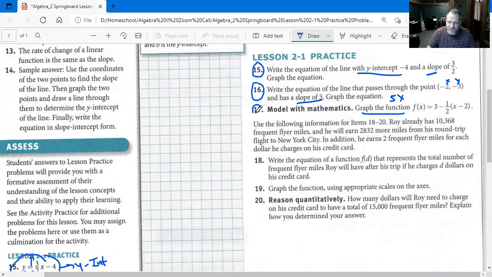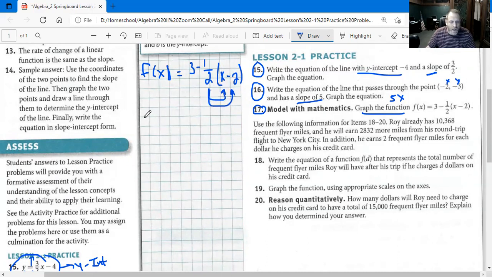Get back here, number 17: f(x) = 3 - 1/2(x - 2). What we're going to do is the distributive method here, here, and here.